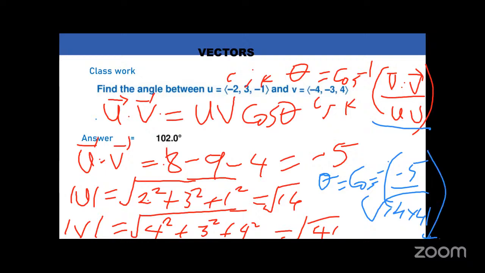So you can use your calculator to find out the answer. So the answer should be 102 degrees. Yeah, that is correct.